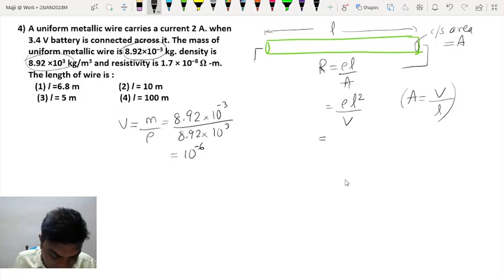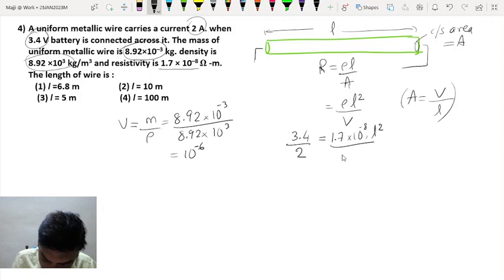Now resistance you can calculate by voltage by current. So resistance is 3.4 by 2. Rho is given as 1.7 into 10 power minus 8, times length square by volume.